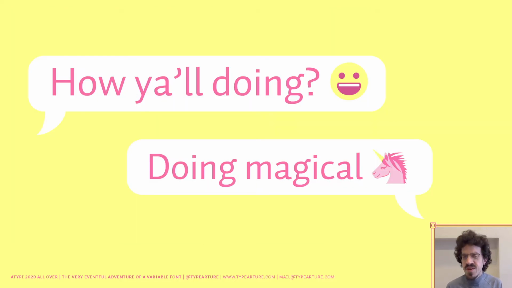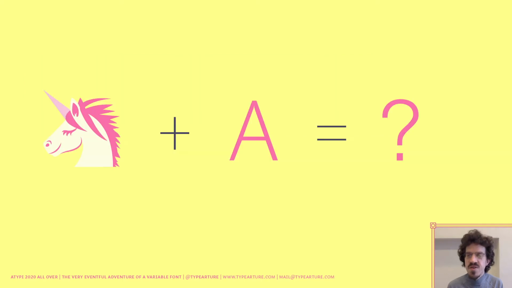What I was thinking about was, how would you have a message from someone who feels magical? What kind of type would you choose for that? If you only add an emoji, you're not really conveying the message. What you want to do is really combine the type and, of course, the idea of this creature.